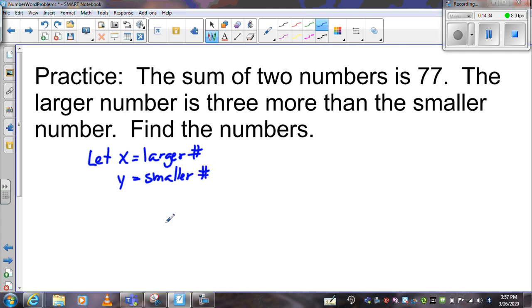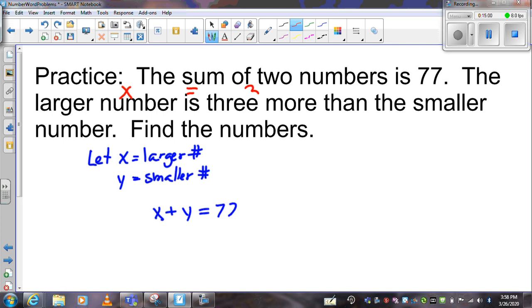First sentence, the sum of two numbers is 77. So x plus y equals 77. The second equation, are you ready? Here we go. It says the larger number, well that's my x, is, there's equals, 3 more than.